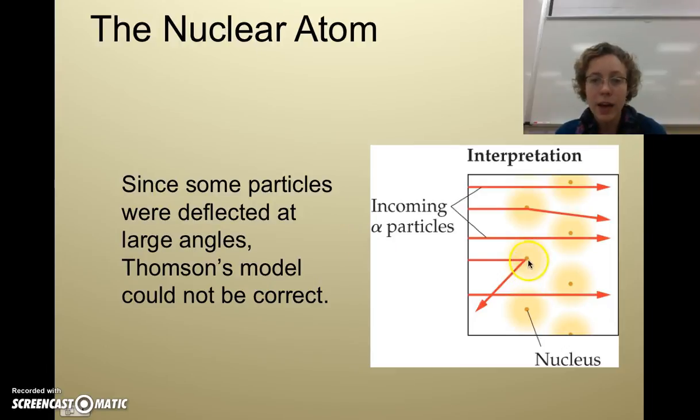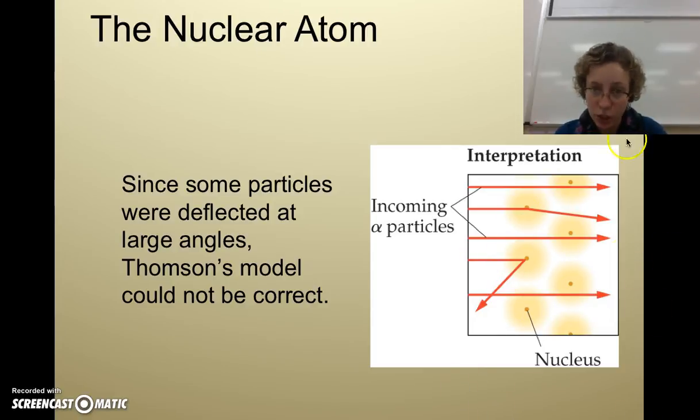So if we've got this hard core called our nucleus, then we've got our electrons living out in a whole bunch of empty space. So ultimately, his nuclear model, or the nuclear atom by Rutherford, is that you've got a nucleus and a whole bunch of empty space.